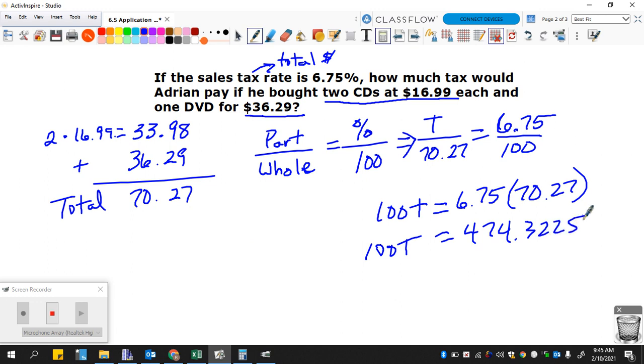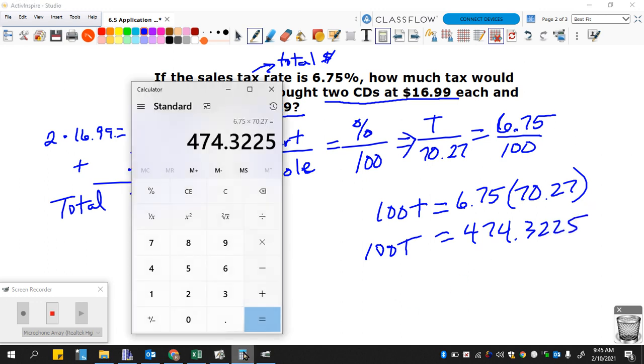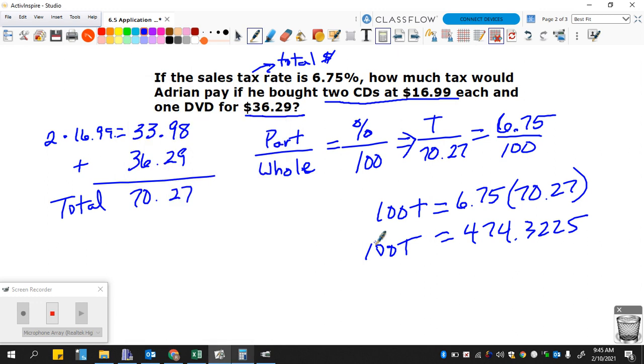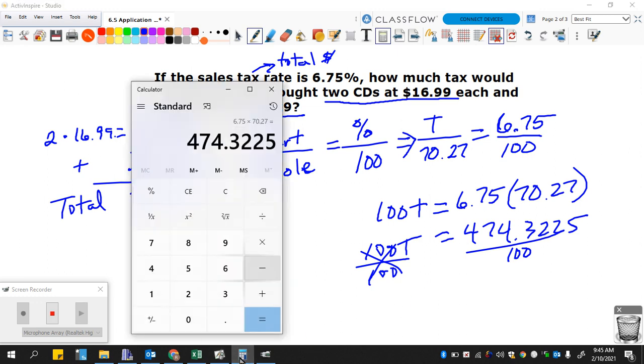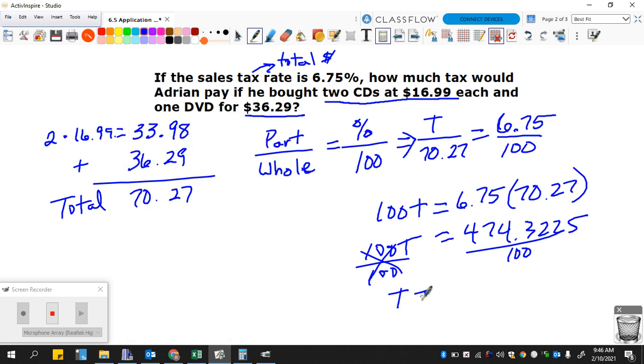And divide by 100. When we divide by 100, we move our decimal point 2 times, or just use a calculator.